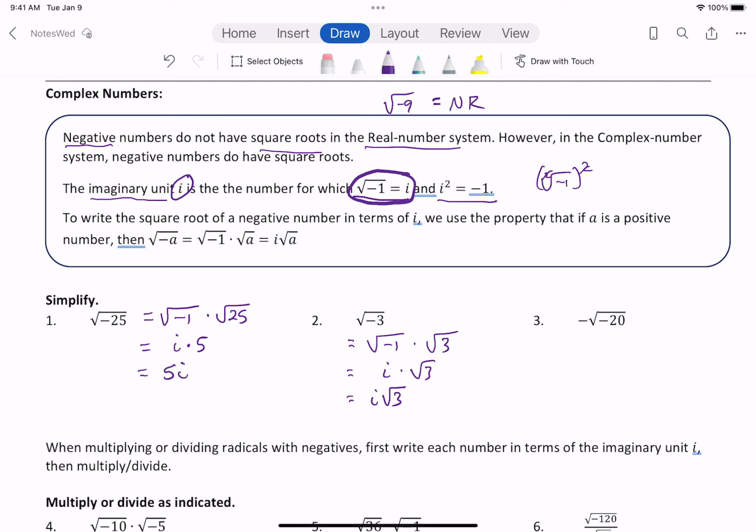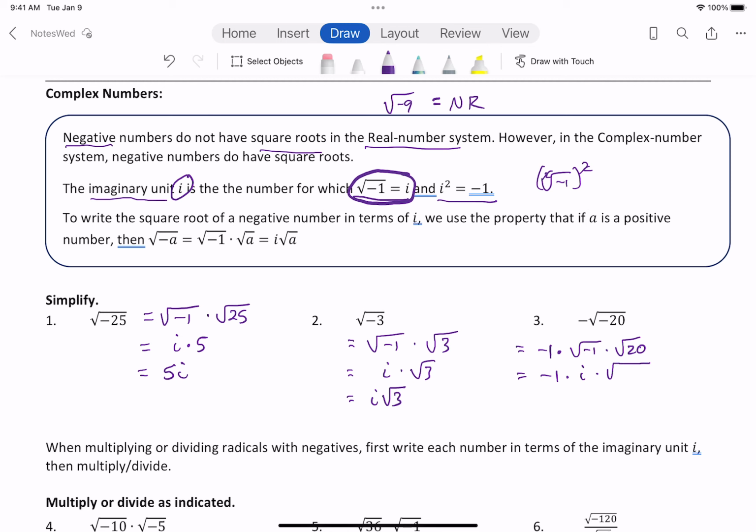For the third one, we have a -1 on the outside, so it's going to be -1 times the square root of -20, just like the two previous problems, and rewrite it as the square root of -1 times the square root of 20. By definition the square root of -1 is i.